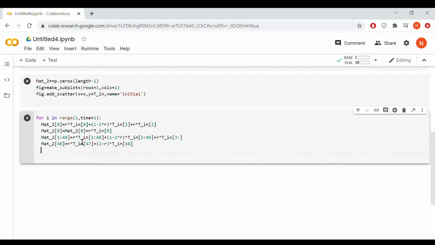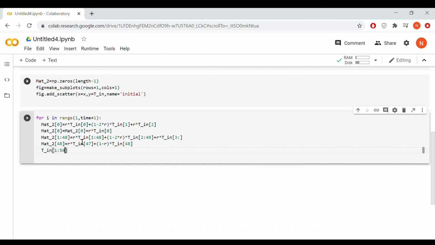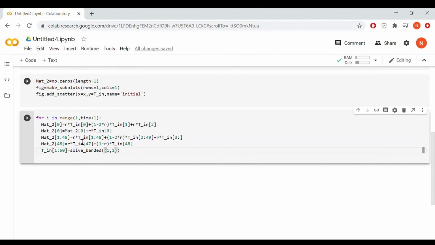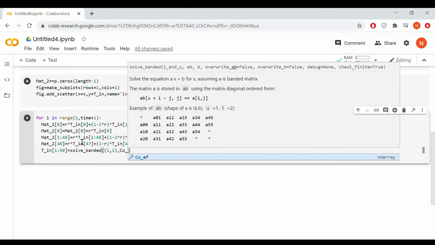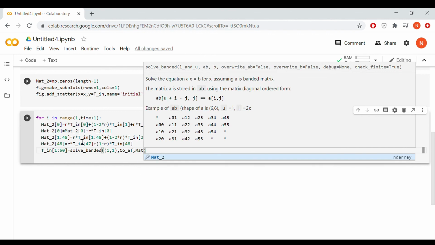And then our t_n from 1 to 50 will be equal to, this is where our solve_banded function comes in. We'll do solve_banded 1, 1, and then we'll use coefficients, and then matrix_2.